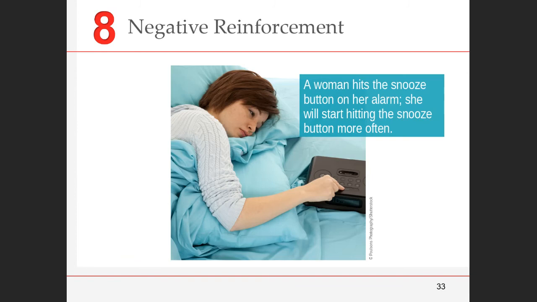Here's an example of a negative reinforcer. A woman hits her snooze button. The annoying noise will go away, and that means that she'll continue to hit the snooze button in the future, to make the noise go away.